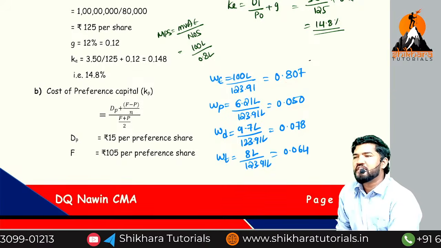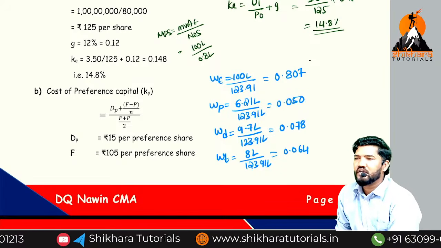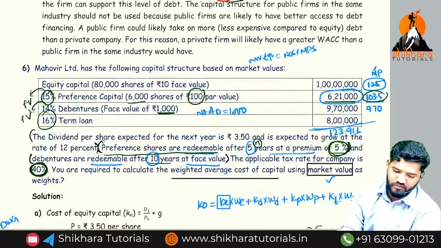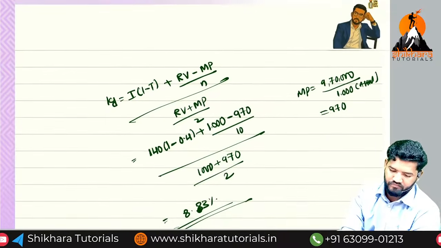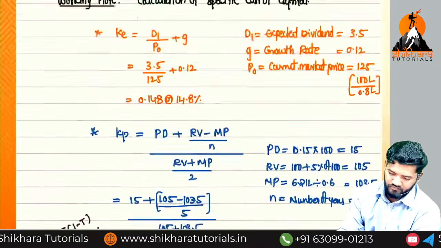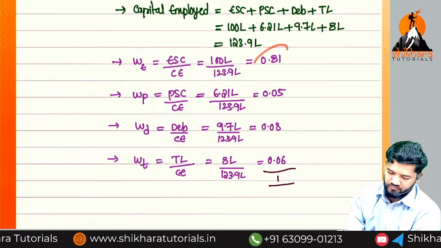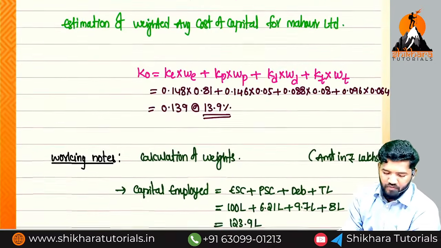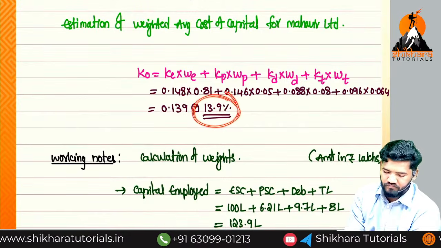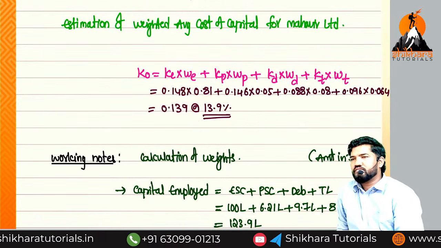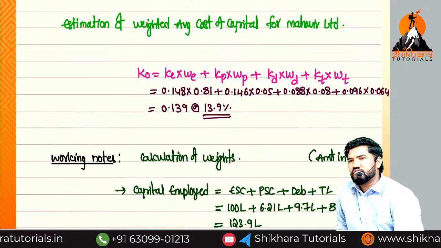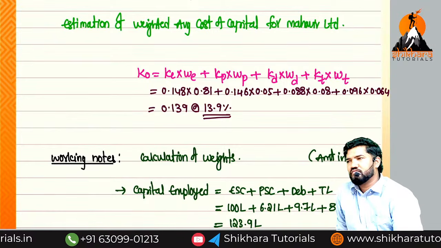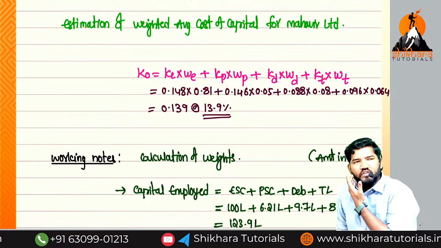If you multiply with the specific costs of capital, you will get the KO. Now KO, please.